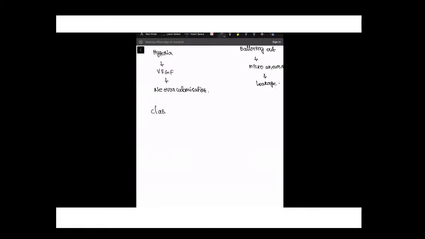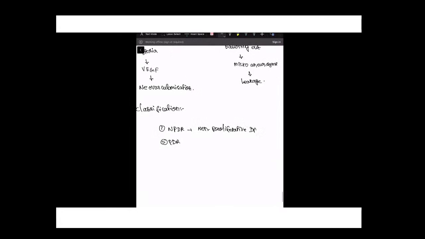Classification. We have NPDR and PDR. NPDR, non-proliferative diabetic retinopathy, and proliferative diabetic retinopathy.